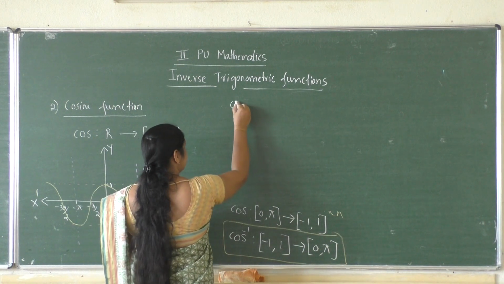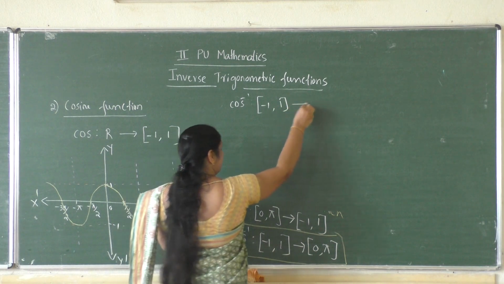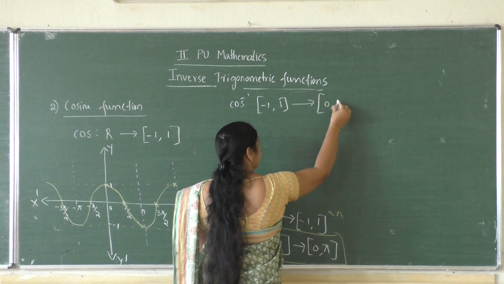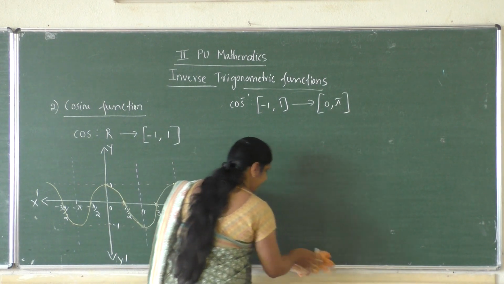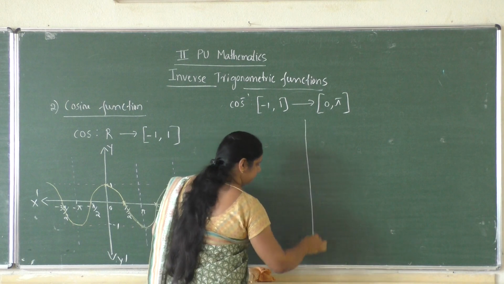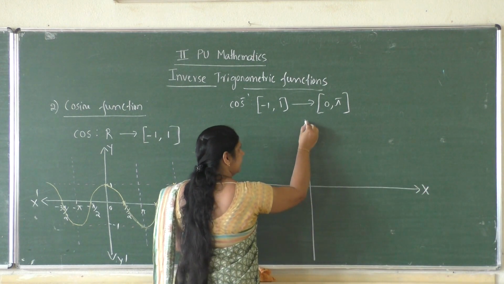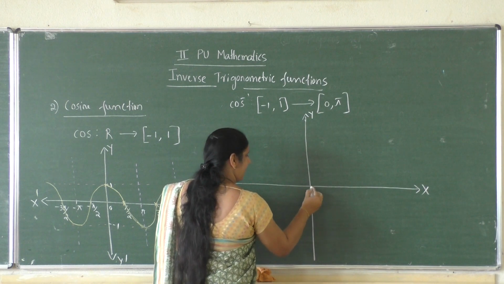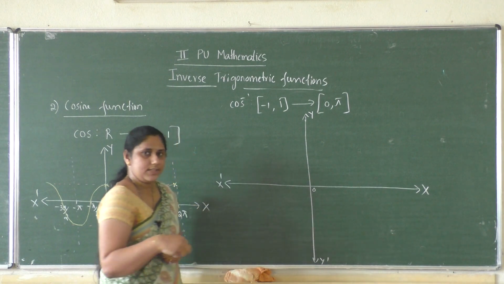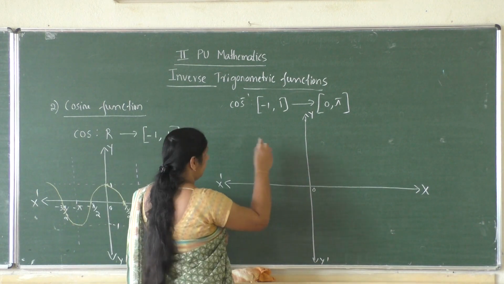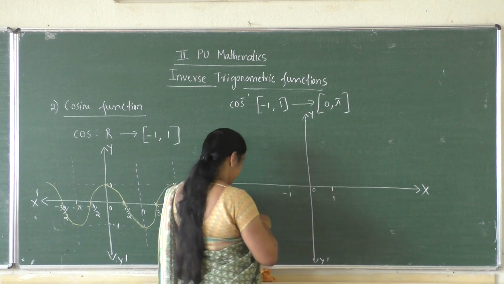Now we have to draw the graph of the cos inverse function. So cos inverse is a function from -1 to 1 to 0 to pi. See, along the x-axis you have to take 1 and -1.